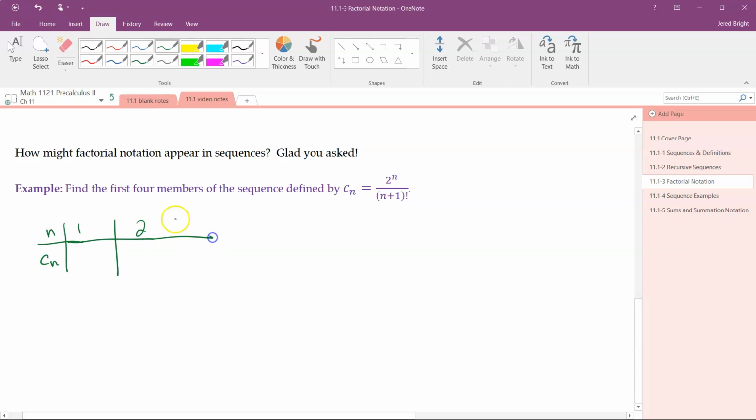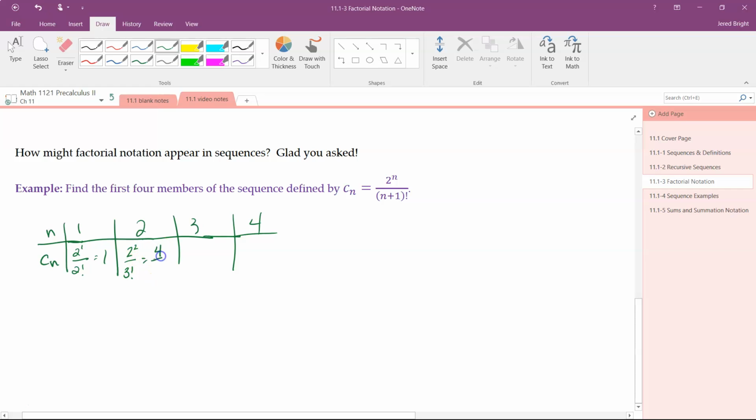So 1, 2, 3, 4. For 1 it would be 2 to the first over 2 factorial. So this is just going to be 2 over 2, which is 1. For 2, this is going to be 2 to the 2 over 3 factorial.